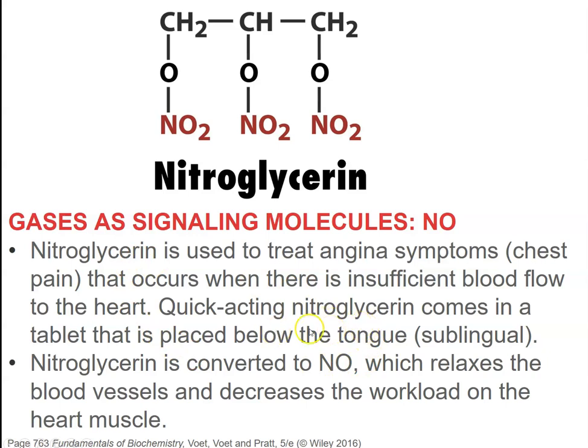So you might have experience or know about taking nitroglycerin tablets and putting it below the tongue, because that speeds the absorption of this compound, and the nitroglycerin is then converted to NO, and then that relaxes blood vessels and that decreases the workload on the heart muscle. So I should have looked this up before, but I believe people used this before they actually knew the mechanism of the NO signaling mechanism.